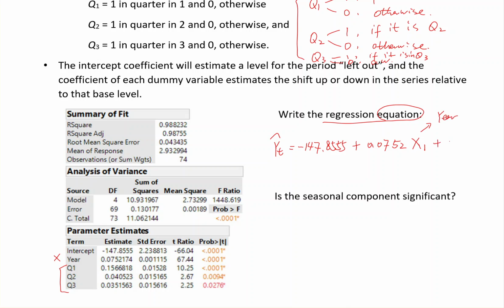Next, plus 0.1567 x2, which is about quarter 1, plus 0.0405 x3, which is for Q2, and the last one will be 0.0352 x4, which is for Q3. Right, so this is the regression equation.